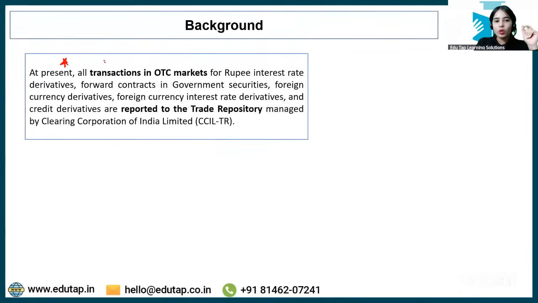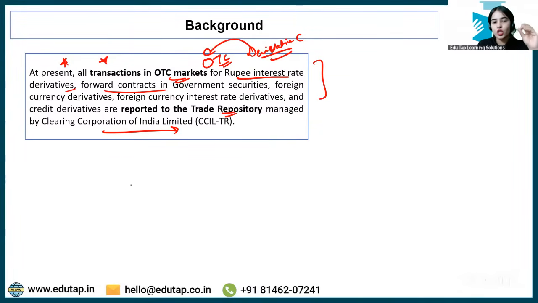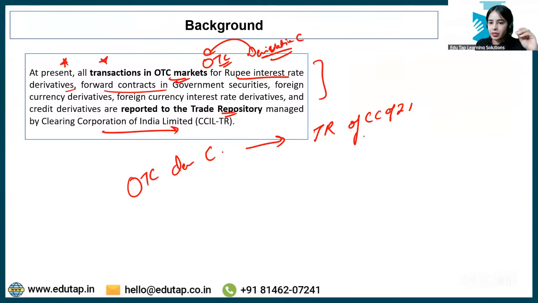So at present, all the transactions in the over-the-counter markets for the rupee interest rate derivatives, forward contracts, basically the derivative contracts that are happening over the counter, they have to be reported to the trade repository of the Clearing Corporation of India Limited.